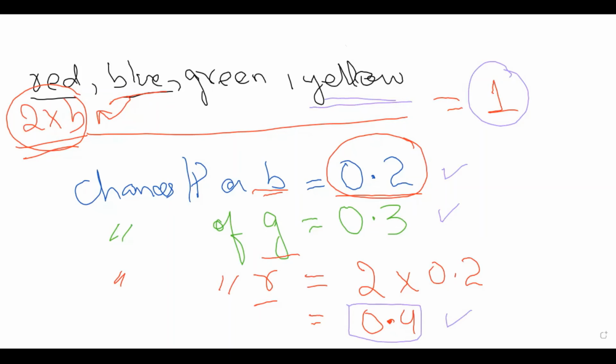Let me share a new whiteboard with you. If we say that the probability of blue was 0.2 plus the probability of red, what was the probability of red?